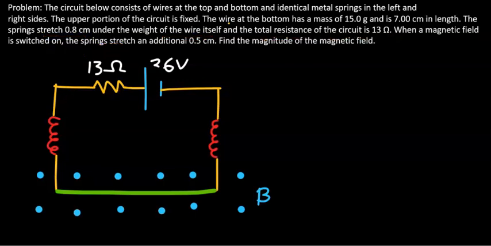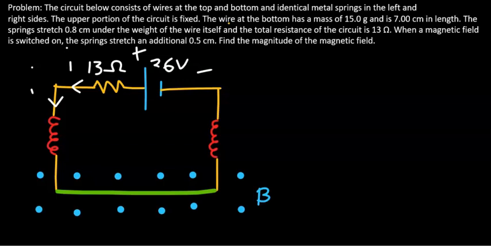We note that the direction of this magnetic field here is coming out of the board. The resistance to this circuit is contributed by that resistor itself, and all the other parts of the circuit is assumed to be of zero resistance. The EMF of the battery is 26 volts, so the current goes like that, from the positive terminal of the battery to the negative terminal of the battery.